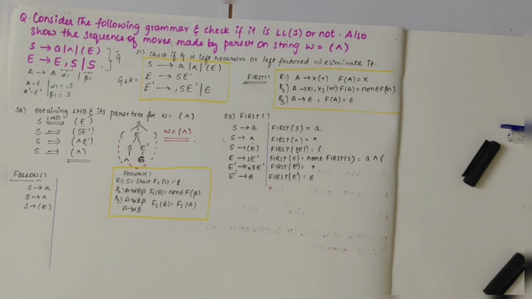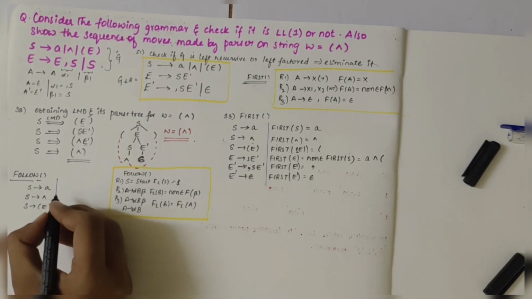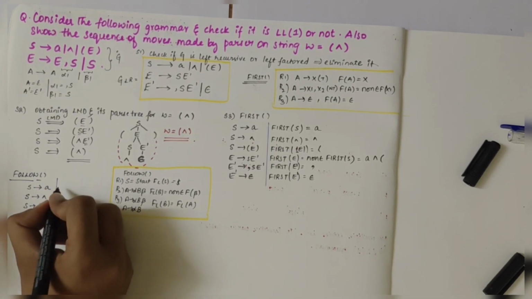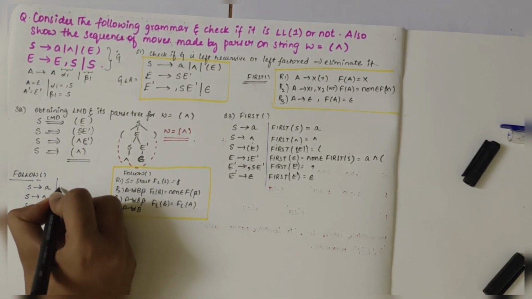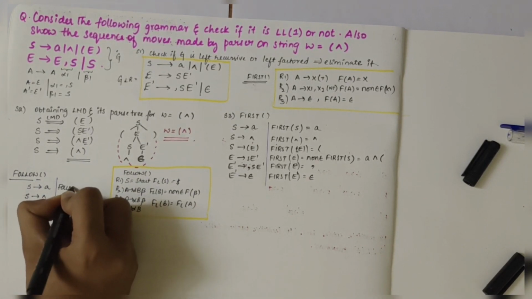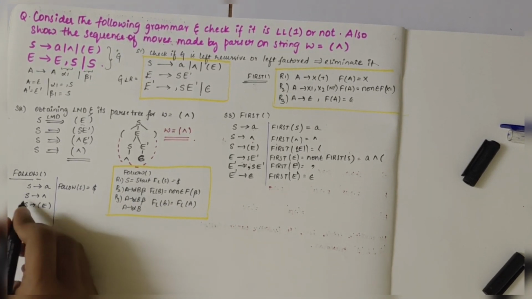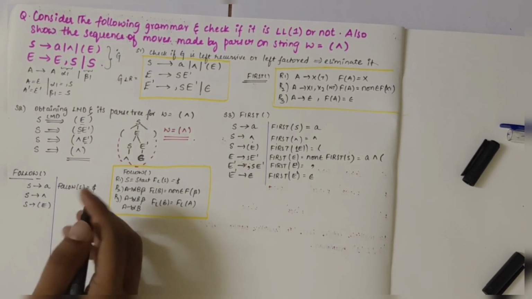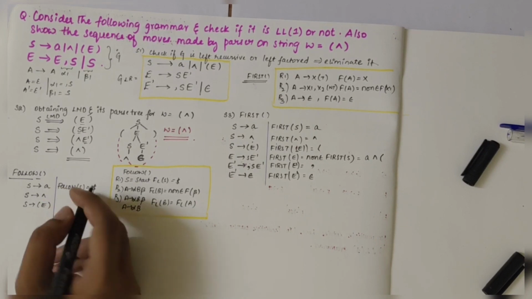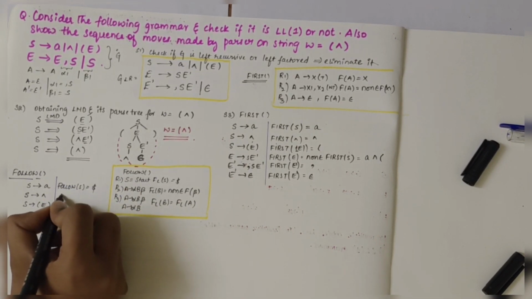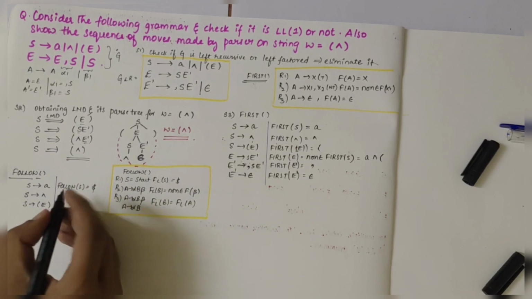So let me start. S derives A, S being the start symbol, we can write follow of S, we get dollar. Then for S derives epsilon, there has to be at least one non-terminal, so here there's no non-terminal, so you can't write anything.